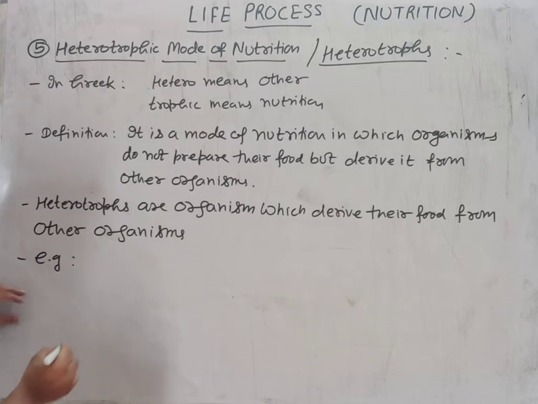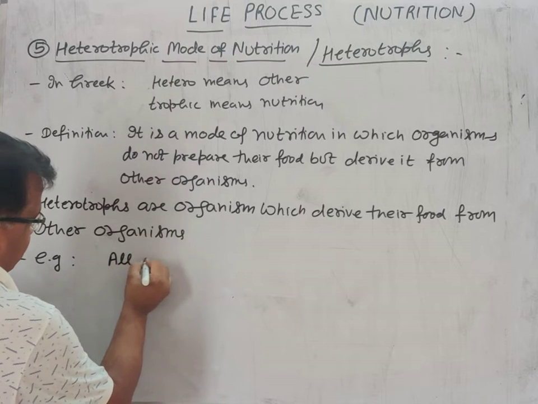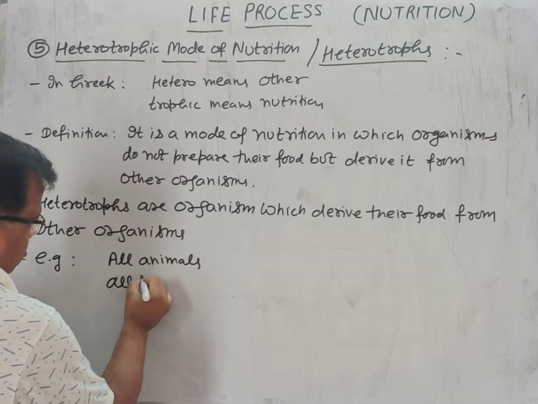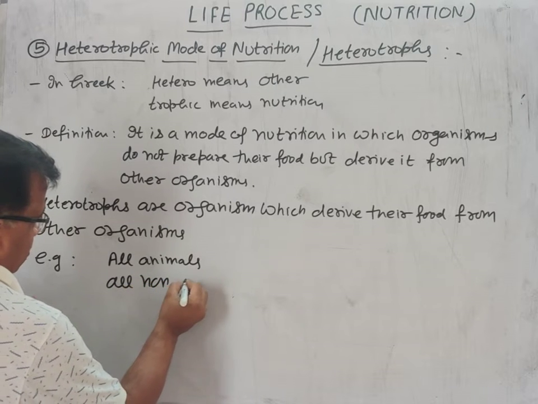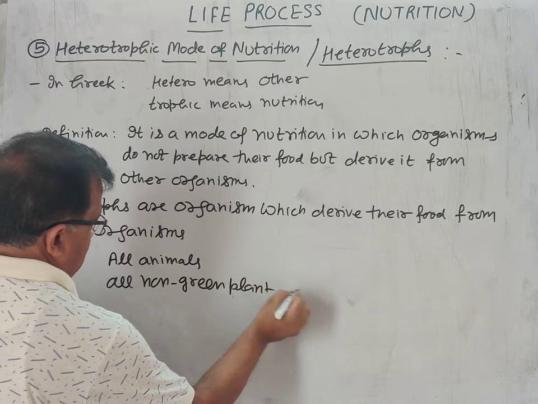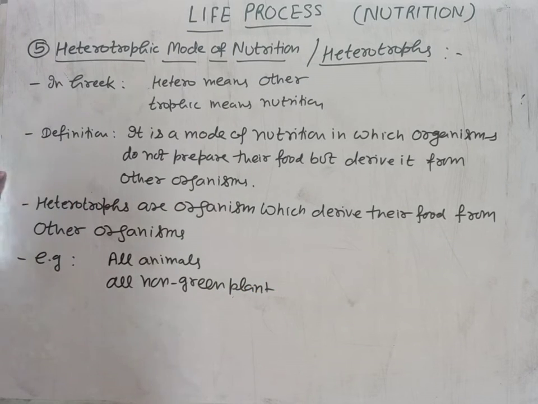Examples are all animals, all non-green plant are heterotrophs or take nutrition by the heterotrophic mode of nutrition.